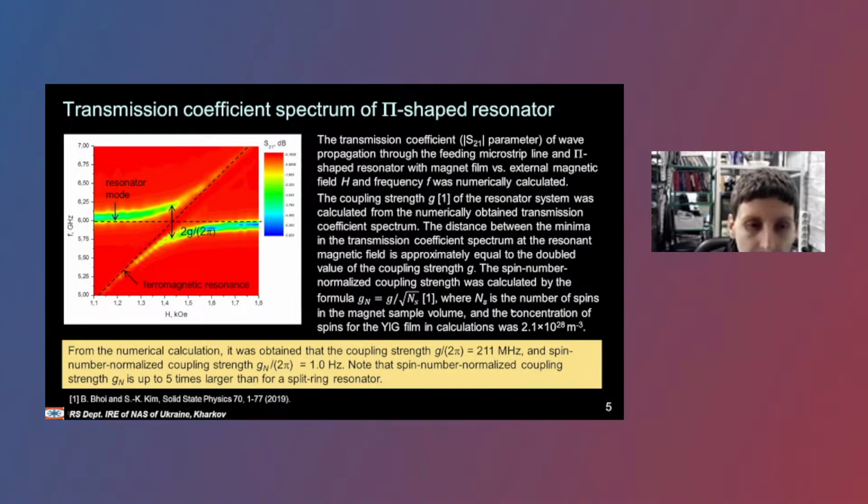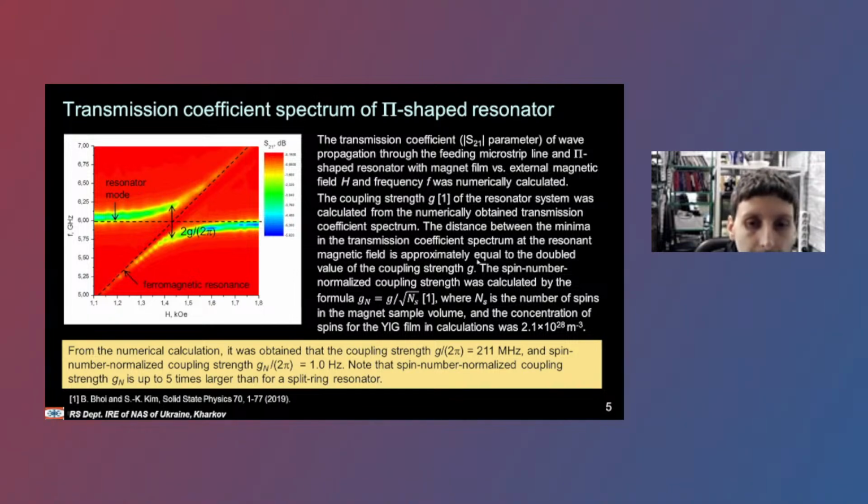These four parameters are proportional to the first power or square root of these parameters that can influence the coupling strength.